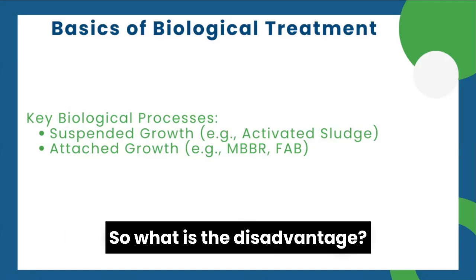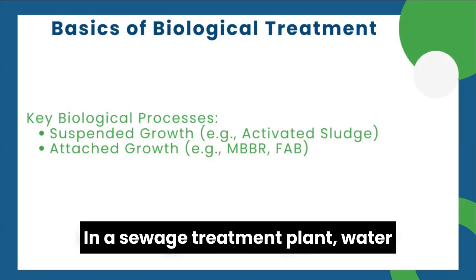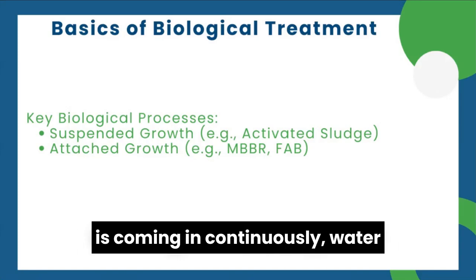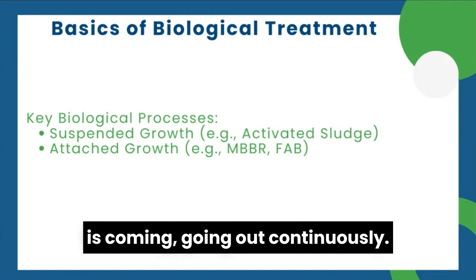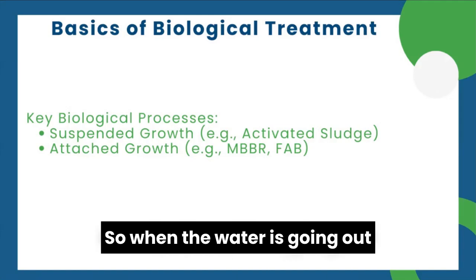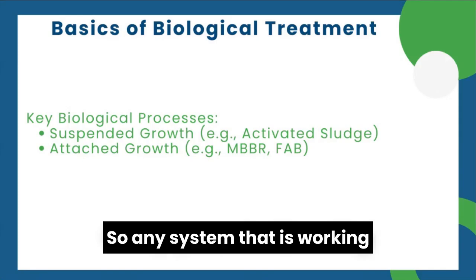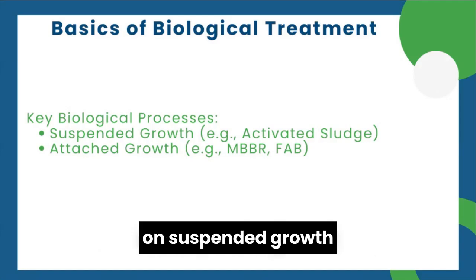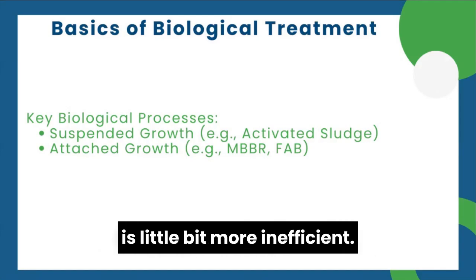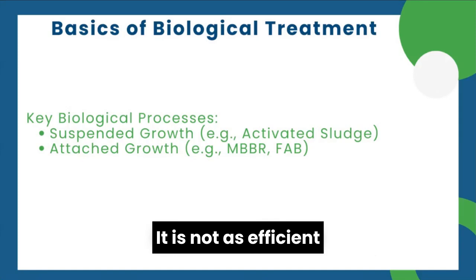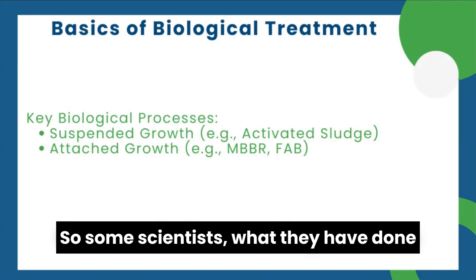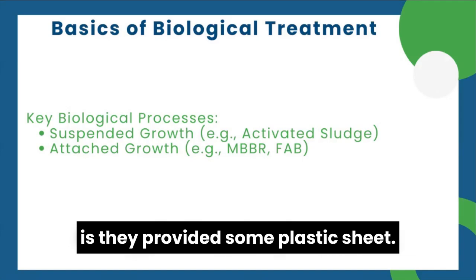So what is the disadvantage? In a sewage treatment plant, water is coming in continuously, water is going out continuously. So when the water is going out, along with the water, bacteria is also going out. So any system that is working on suspended growth is a little bit more inefficient. It is not as efficient as attached growth. So some scientists provided some plastic sheet.